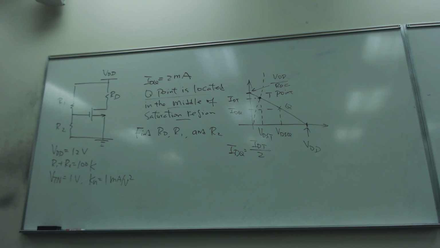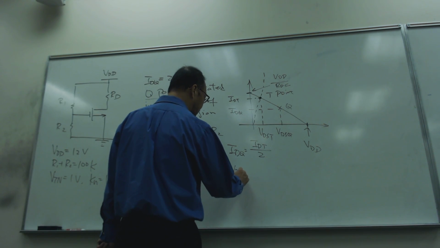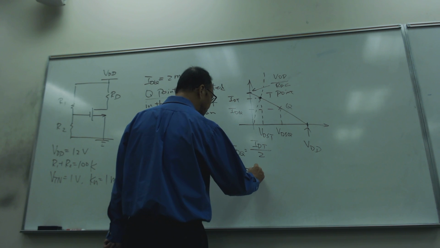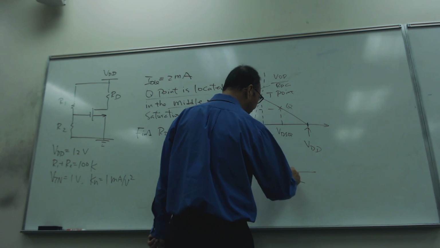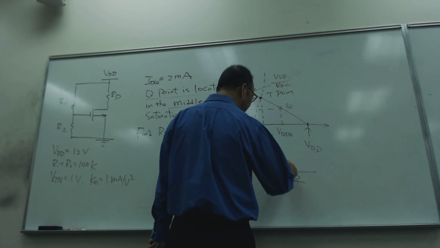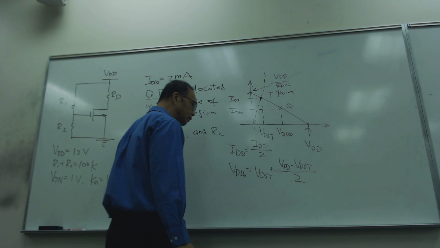And VDSQ must equal VDST plus half of VDD minus VDST.